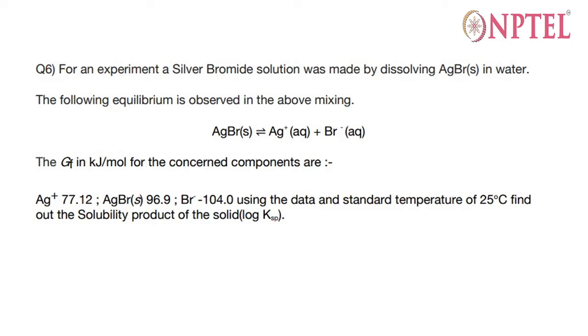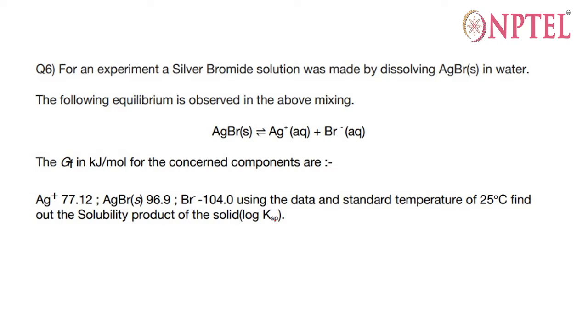An experiment for a silver bromide solution was made by dissolving AgBr in water. The following equation is given, and the forward reaction Gibbs free energy in kilojoule per mole is also given. You can find the values 77.12, then 96.9, then minus 104, and the temperature is the standard temperature of 25 degrees centigrade.